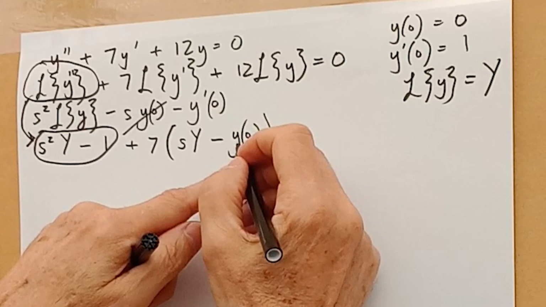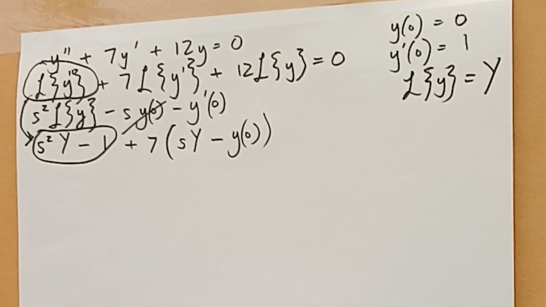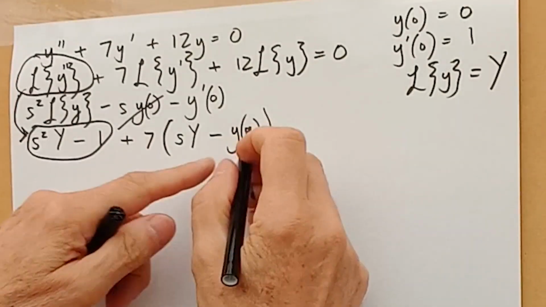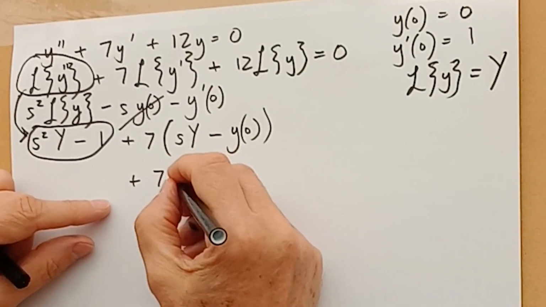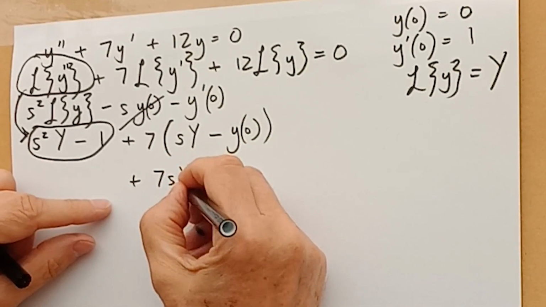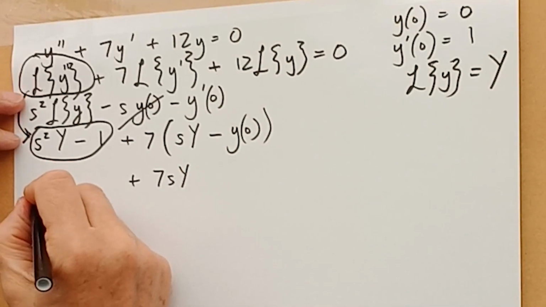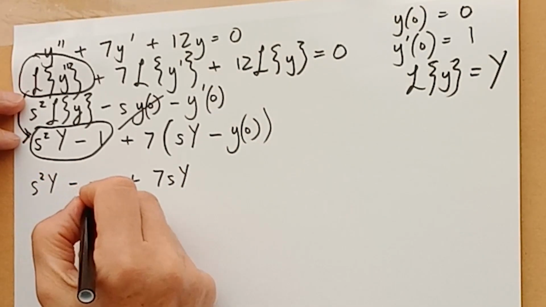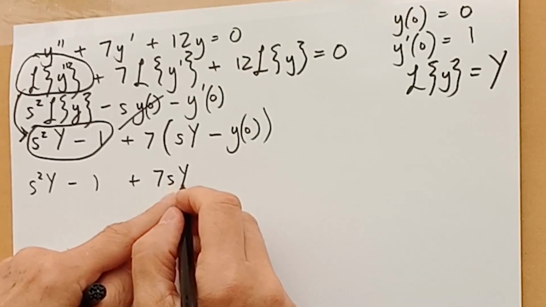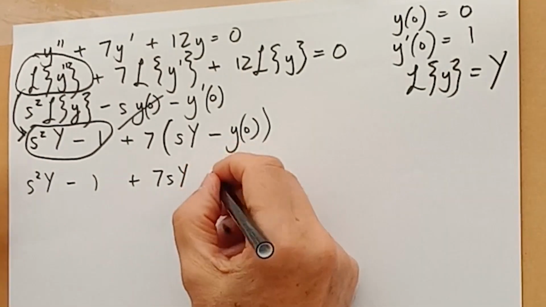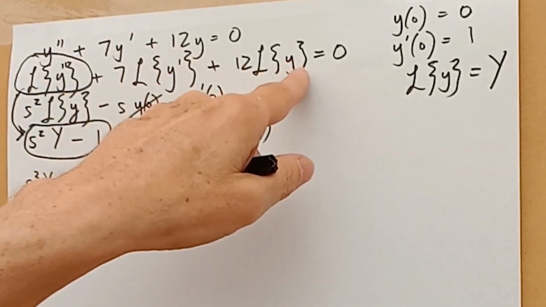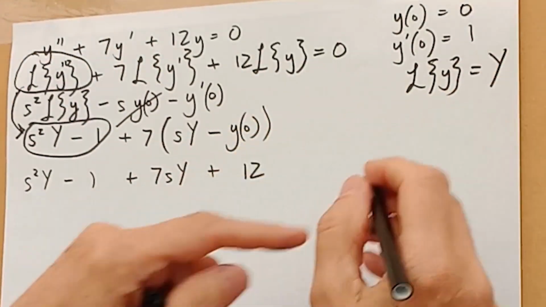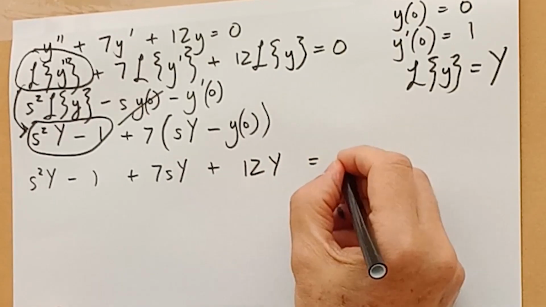And again, the first initial condition is 0, and that is plus 7sY. So we've got s squared Y, take away 1, plus 7sY so far, plus 12 multiplied by the Laplace of y, which we're calling Y, equals 0.